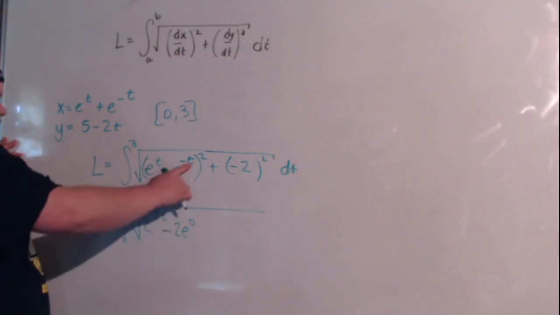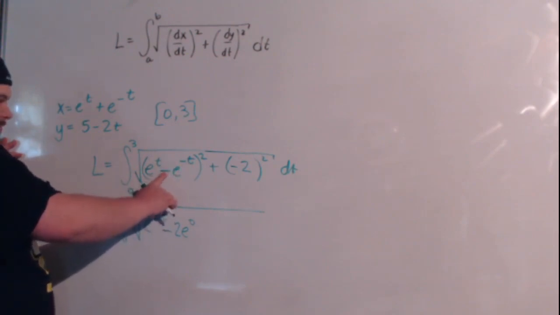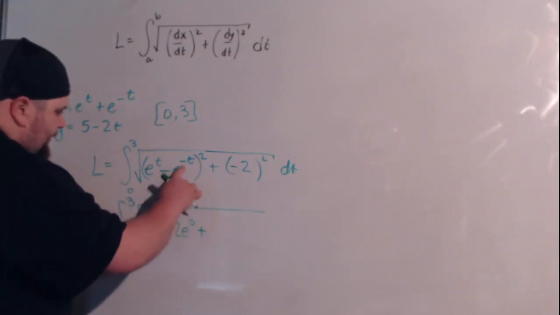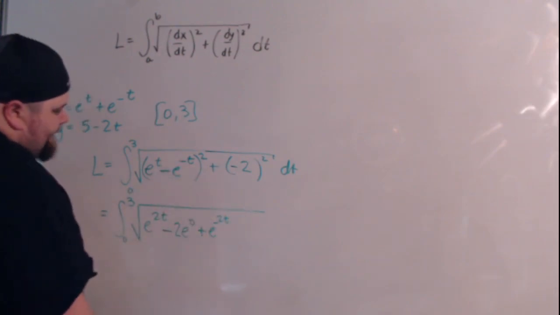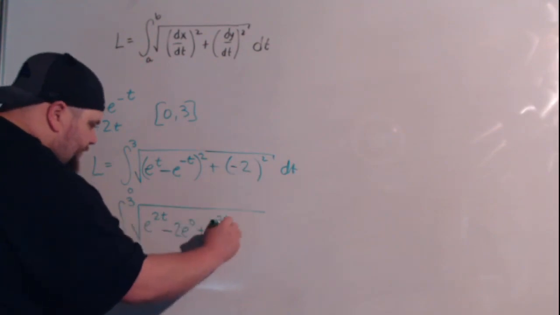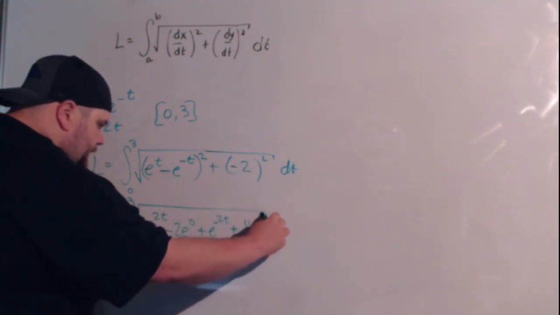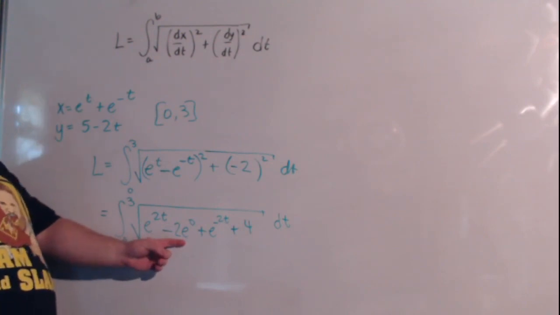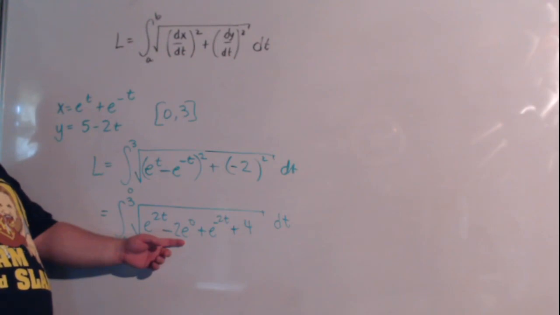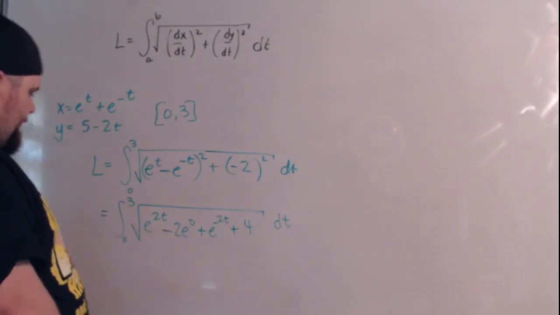And then the final term squared is going to be plus e to the minus 2t. And then over here we're going to get plus 4. e to the 0 is 1. So we have 4 minus 2 here. Right? And that would just give us plus 2.